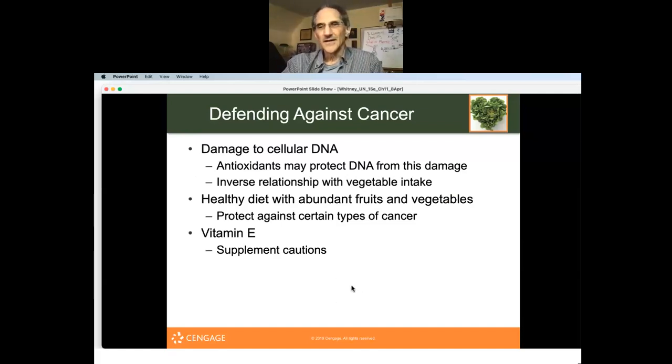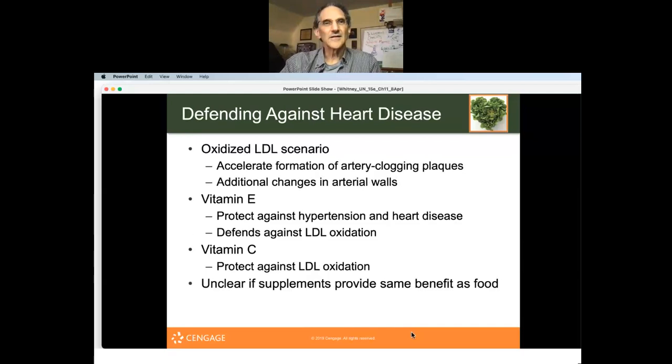In some cases, supplements might be helpful. In particular, vitamin E is a popular supplement, but we have to be careful. With vitamin E, we know there is an upper limit, and taking above that upper limit could be dangerous.